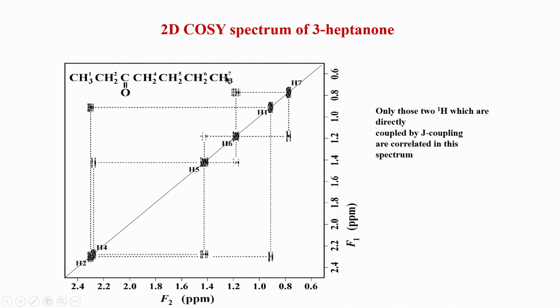So, that means 7 will be correlated with 6, 6 will be correlated with 7 and 5, 5 with 6 and 4, 4 with 5, but 4 will not be coupled to 2 because 2 is far away. There is a carbonyl which is coming in between. Similarly, here 2 will be coupled to 3 and 3 will be coupled to 2, but within only these two you will not see any coupling to the other spins.